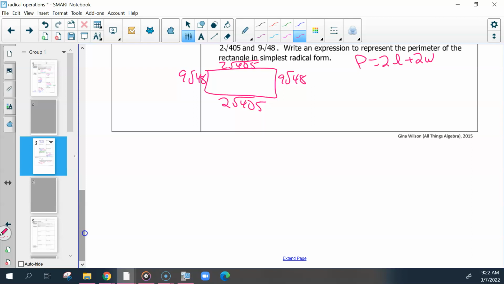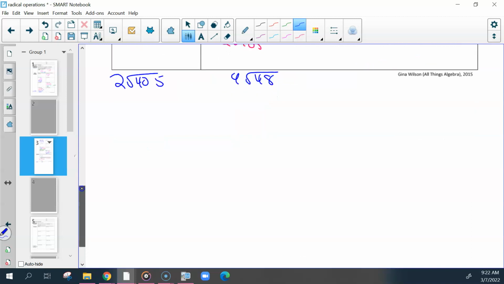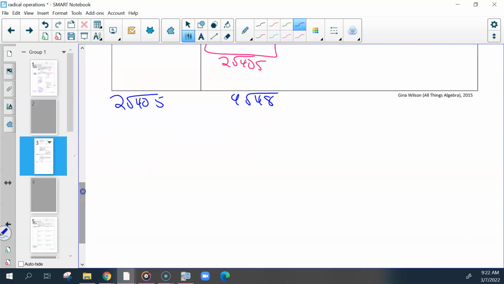Don't forget your 2's at the very end after you simplify them. No matter which way you do it, you have to simplify first. So let's do that. What is the highest perfect square we can divide out of 405?